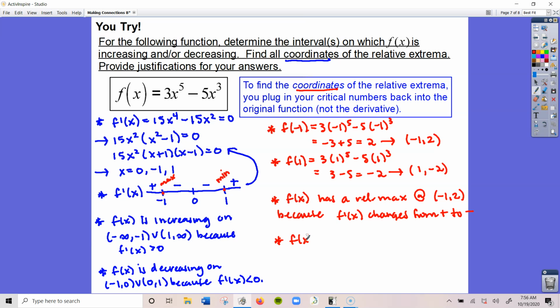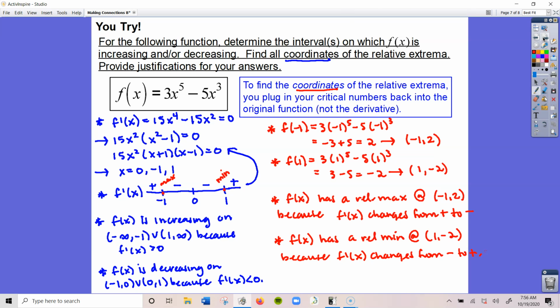And lastly, f of x has a relative minimum at 1, negative 2, because f prime of x changes from negative to positive.